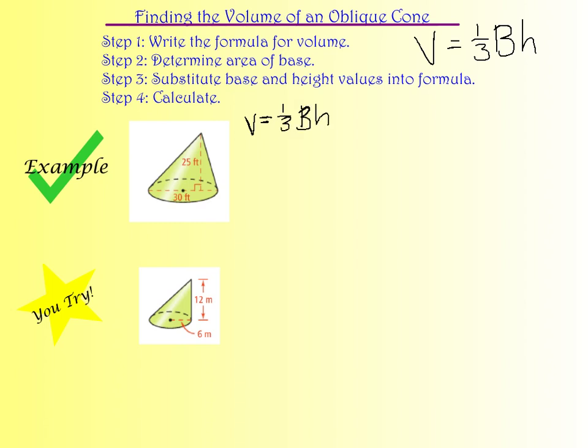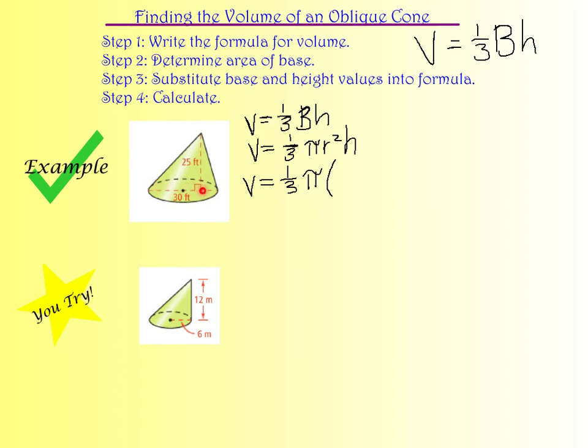It says determine the area of the base. Our base here is circular. This is a cone. So we can use the formula pi r squared. And then we also have height. Step 3 says substitute base and height values into formula. So we're going to say volume is equal to 1/3 pi r, our radius.